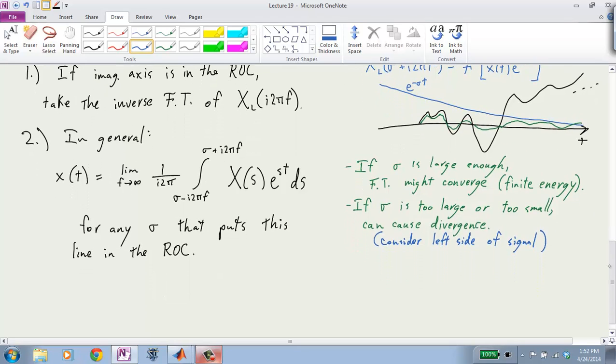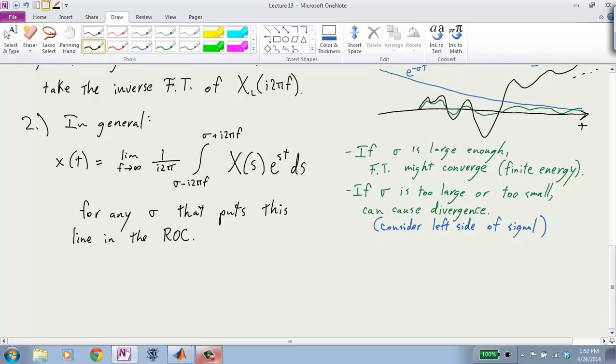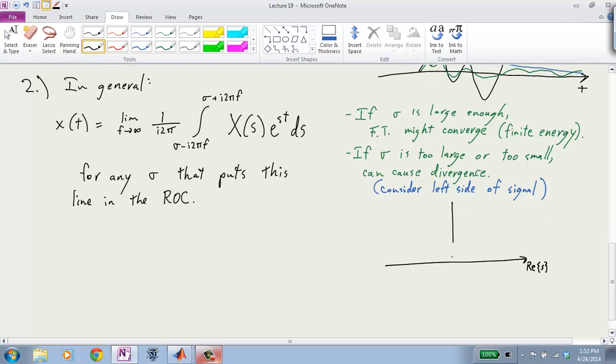Okay, so basically what we said here is that we have, in this S space, complex plane, here's the real part of S, here's the imaginary part of S. Okay.